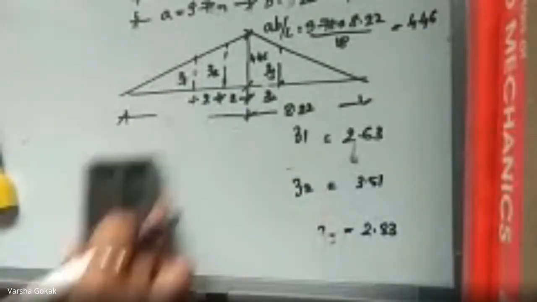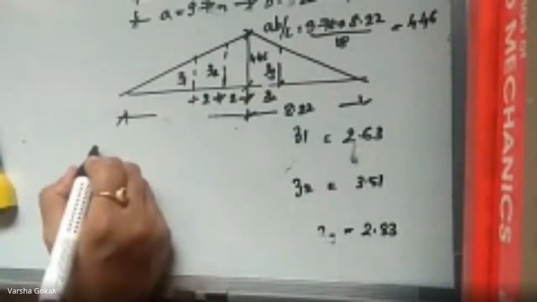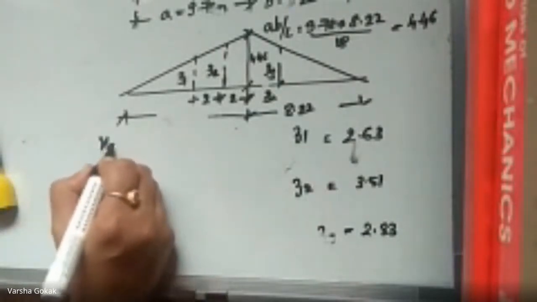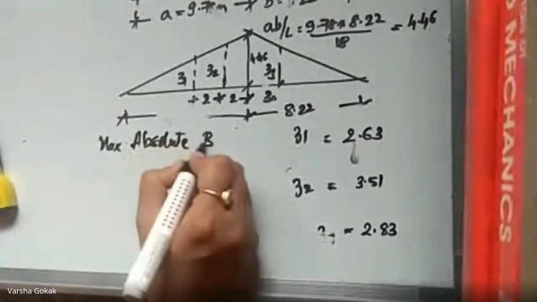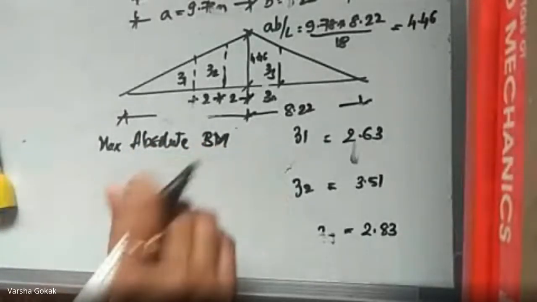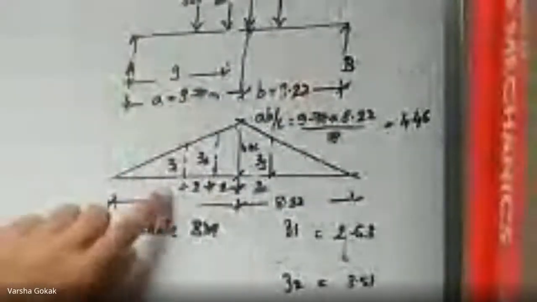Once we get the ordinates, how do we calculate the maximum absolute bending moment? This will not be at a particular point; we find what point it is. It is going to be 80 into Z1, 60 into Z2, 80 into 4.46, and 100 into Z3.